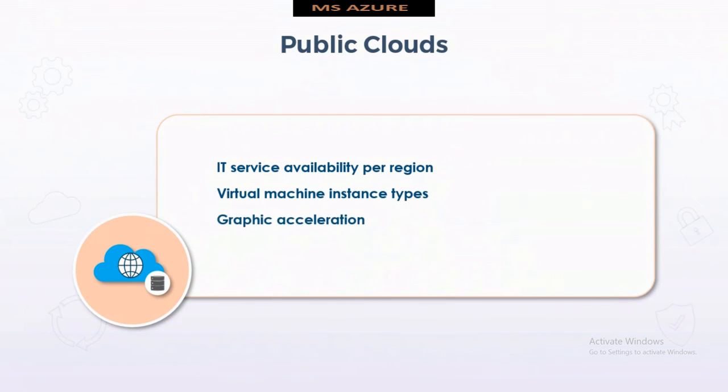If you need graphic acceleration compute power for a virtual machine, well, that might only be available in certain regions. The use of dedicated hosts, whereby you have virtual machines running in an Azure data center, but that underlying hypervisor is not being shared with other Microsoft Azure customer virtual machines.